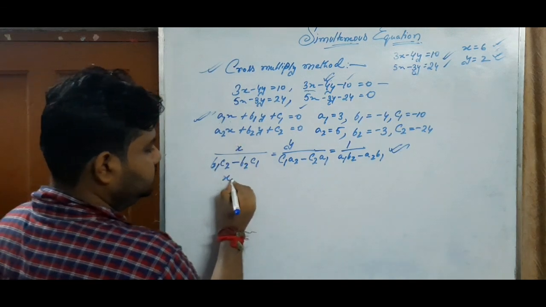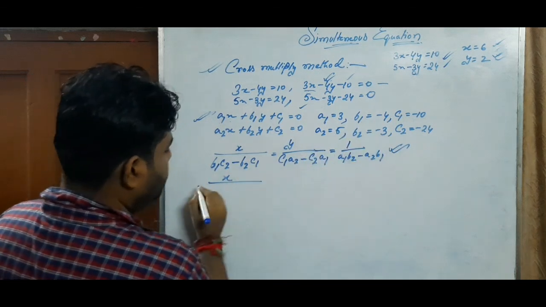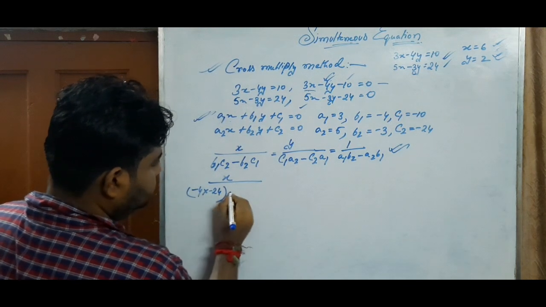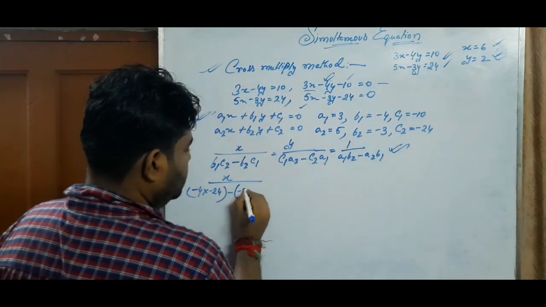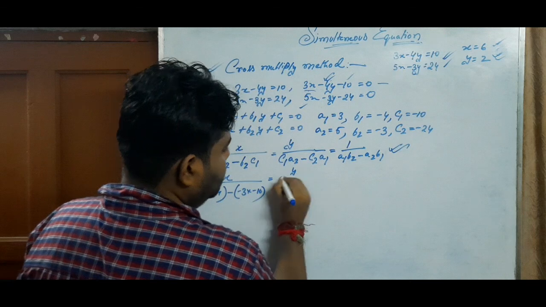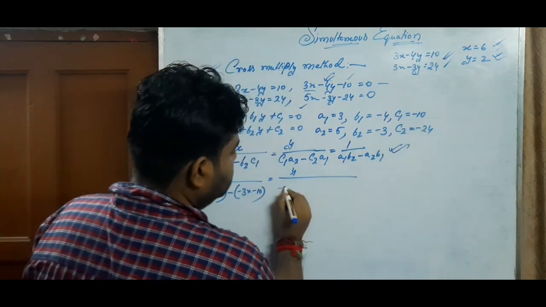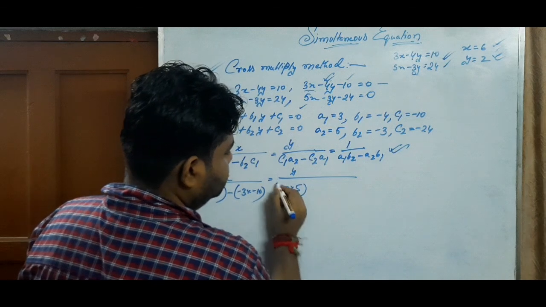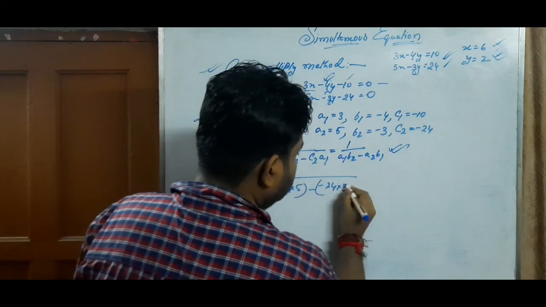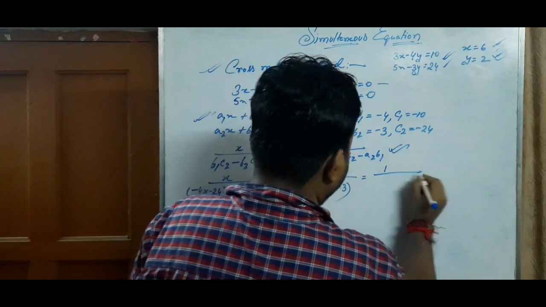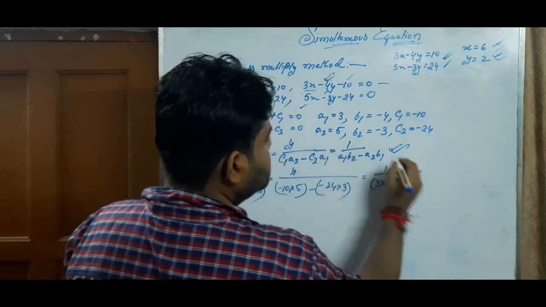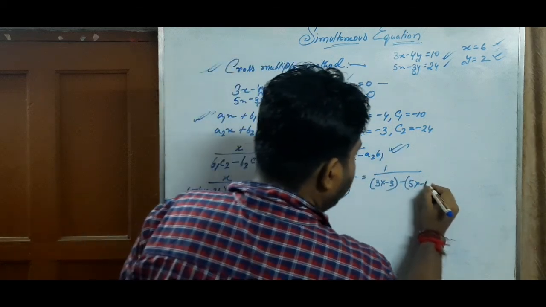Now x, b1 means minus 4 into c2 means minus 24, minus b2 means minus 3, c1 means into minus of 10, equals to y by c1 means minus 10 into a2 means 5 minus c2 means minus 24, a1 means into 3, equals to 1 by a1 means 3, b2 means minus of 3, minus a2 means 5, and b1 means minus of 4.